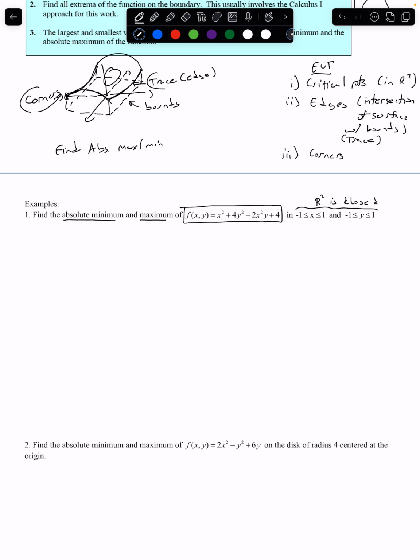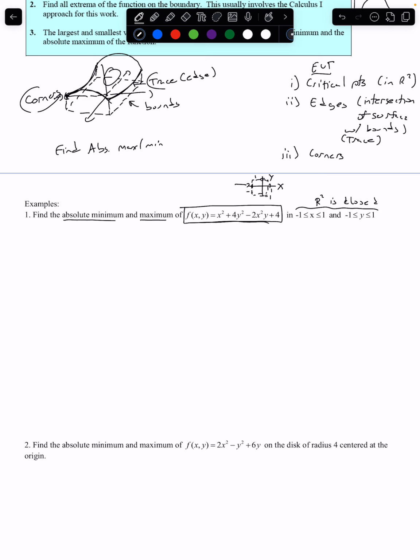So if we're looking on the XY plane, we're going to be between -1 and 1, between -1 and 1. What we want to do is find within this box where is the highest and lowest value possible of our function.